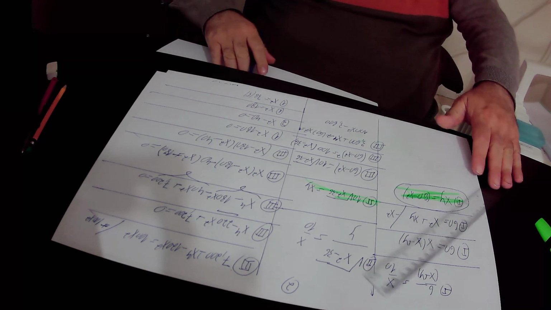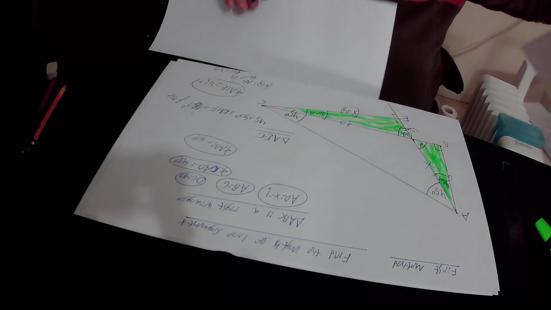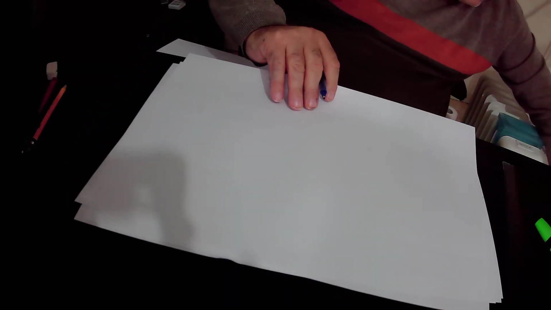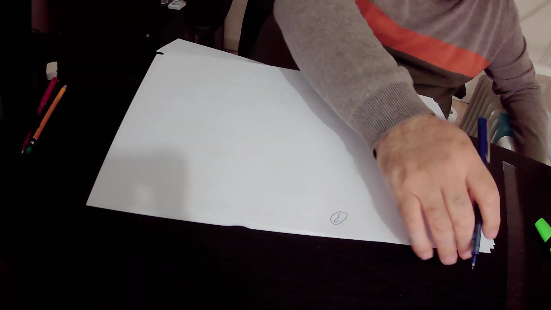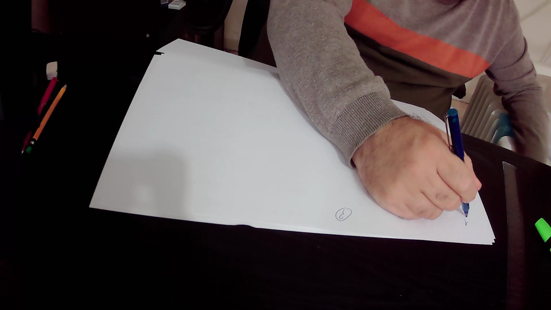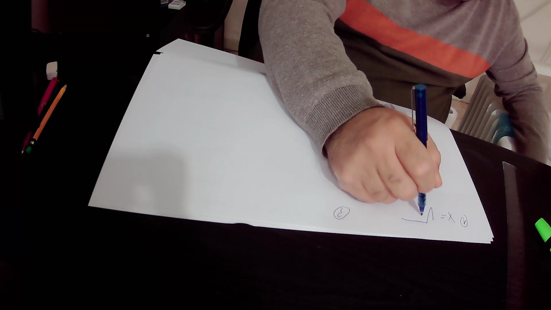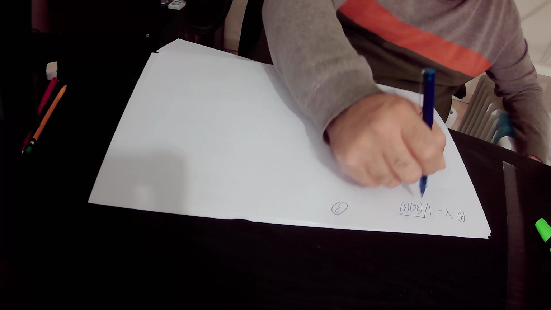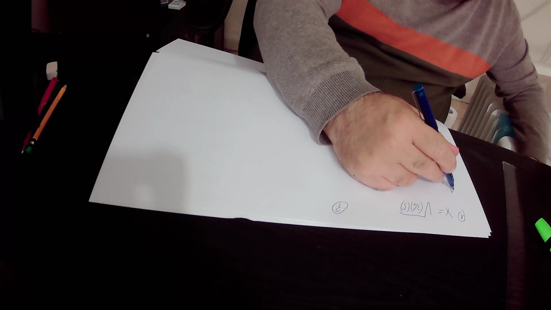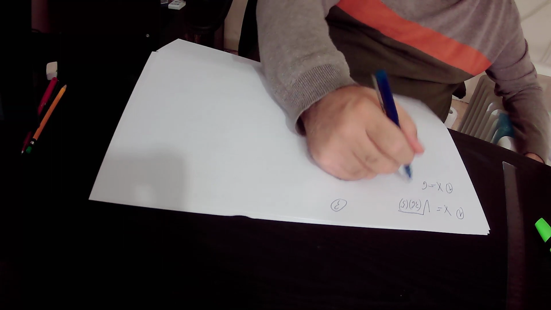Now we take a root, and we get that according to equation number 1, x is equal to the square root of 36 times 5. So x is equal to the square root of 36, which is 6, times the square root of 5.